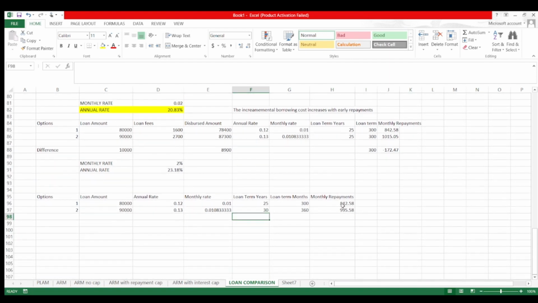So since the loan term here is different, we can't simply calculate the difference as we had done earlier, since this difference will be from 1. So we have a difference of the differences here. So of course the difference in the loan amount still holds as 10,000.